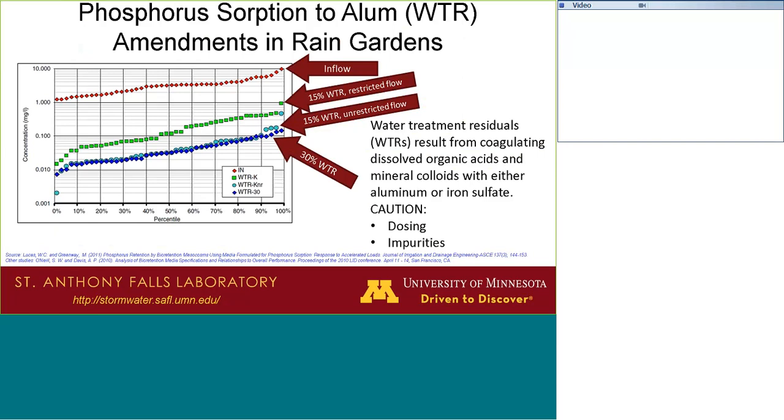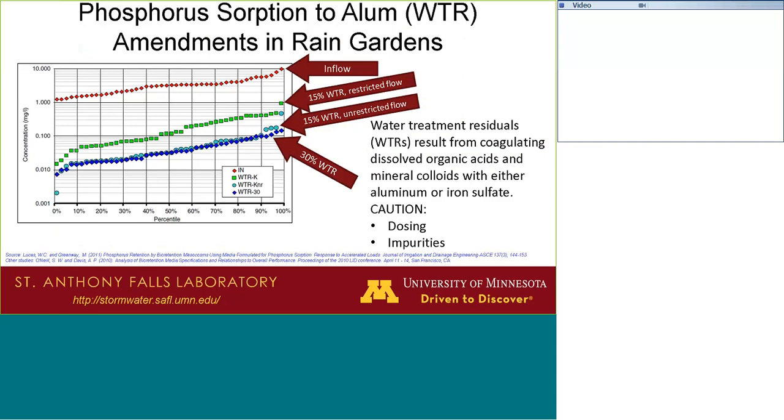There's actually been a number of research studies now looking at what are called water treatment residuals. This is actually alum and other aluminum products that we use to treat drinking water, typically. When they end their useful life in the water treatment plant, they still have some absorption capacity for phosphorus, and they've been used as a media amendment or enhancement to biofiltration and rain garden systems, both in the laboratory and in the field.